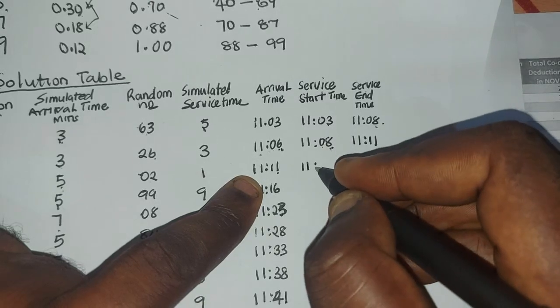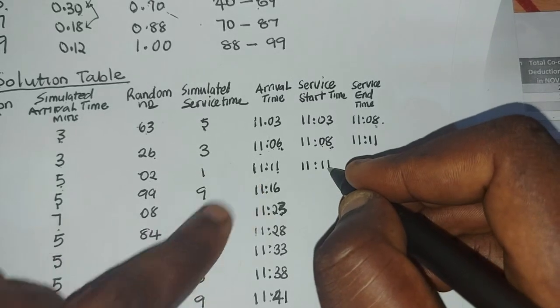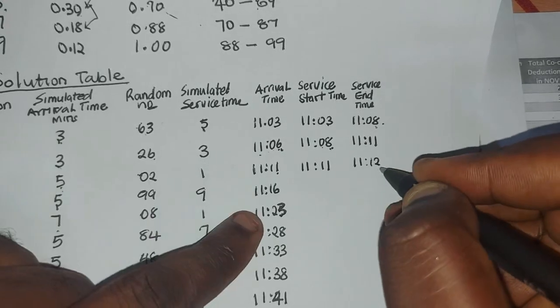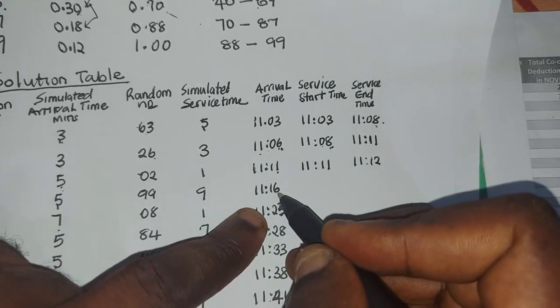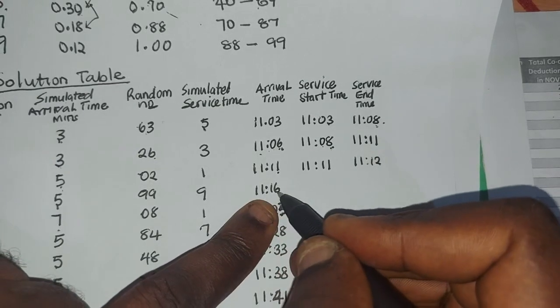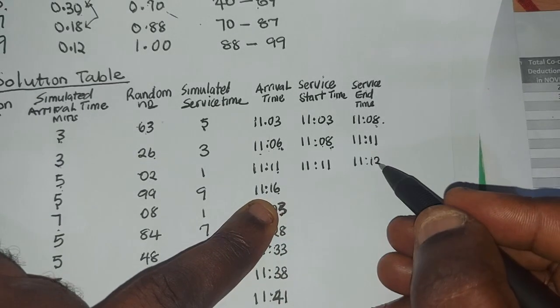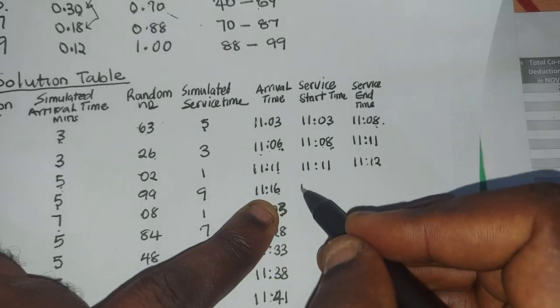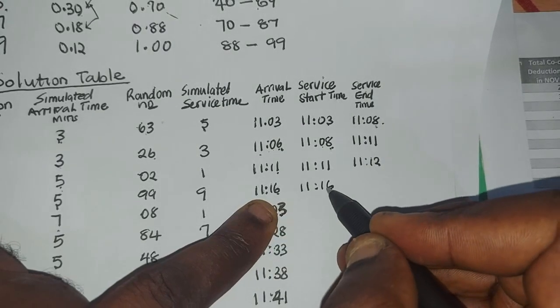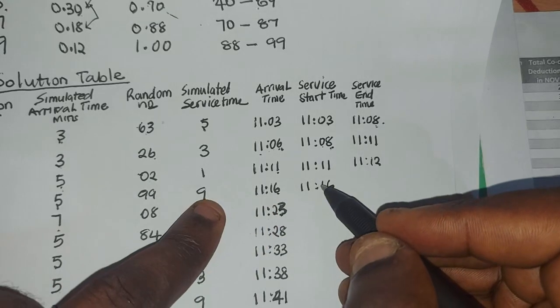So he starts the same time, and he spent 1 minute. That is 11:12. So as at that time, the next customer has not arrived. The next customer arrived 11:16. The service stopped 11:12, but this service will start 11:16.